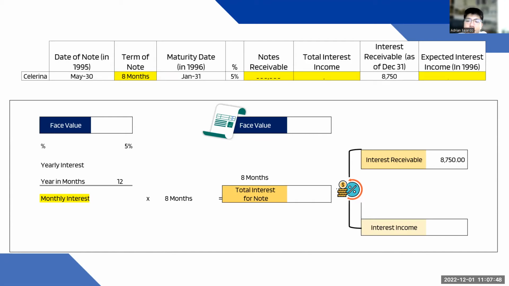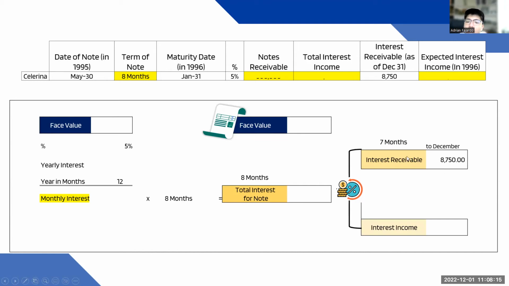We know that the interest receivable represents the interest that you have for the year. So, we have to count how many months pa from May to the end of the period, which is December. So, in essence, if it's an 8-month note, so June, July, August, September, October, November, December, 7 months. So, the very first thing that we know is that the interest receivable represents 7 months worth of interest.